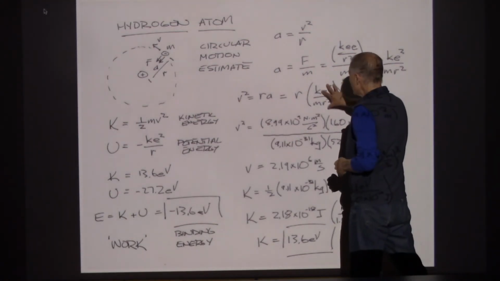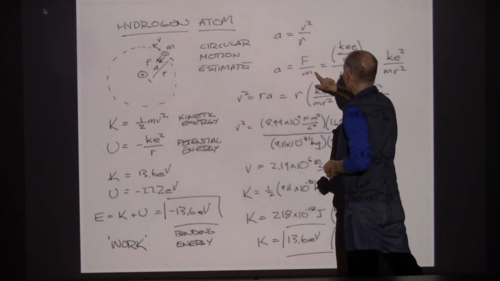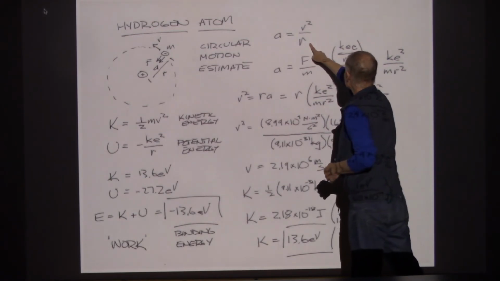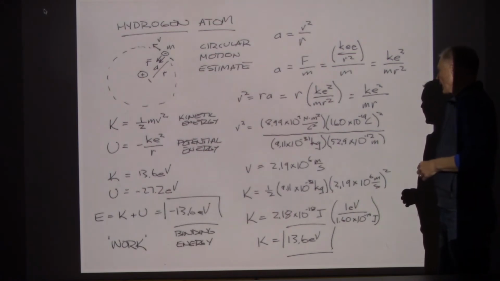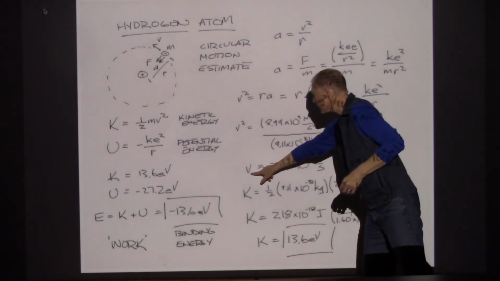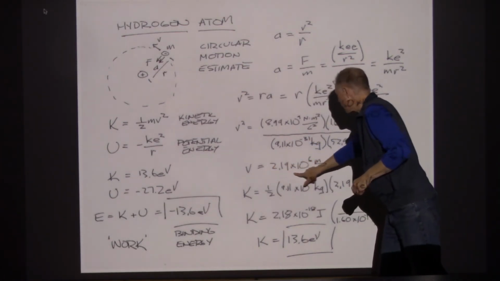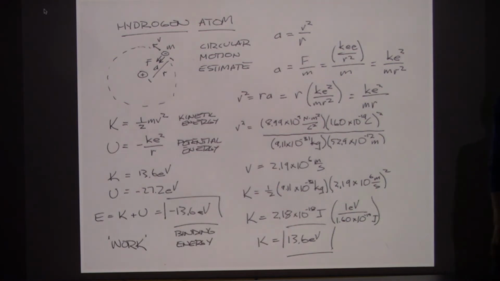And so I'm carrying through the formulas: this is just acceleration depends on force divided by the mass of the electron. This is my circular motion kinematics equation, and we're just putting all this stuff together. And what it tells us is that if this were the case, the speed of the electron would be 2 million meters per second, okay, which it's not.